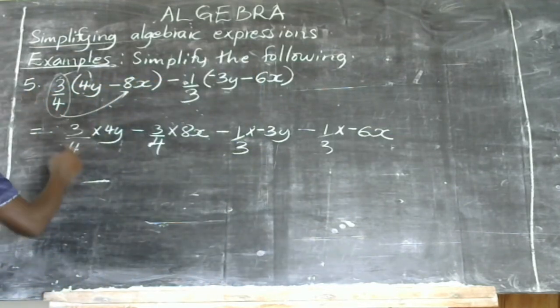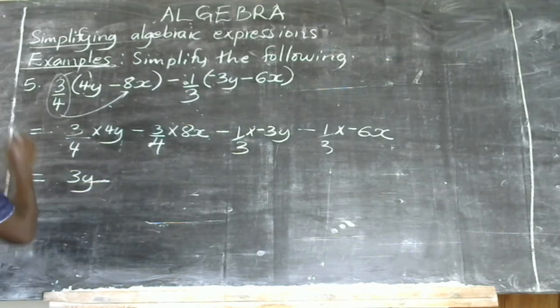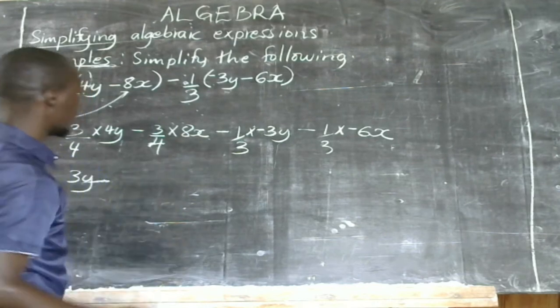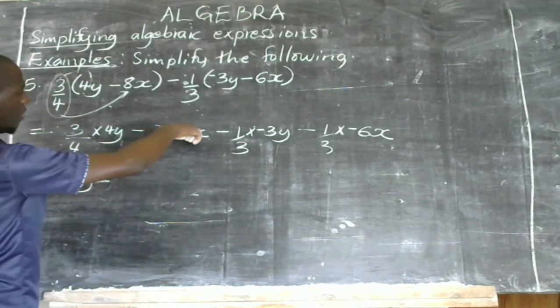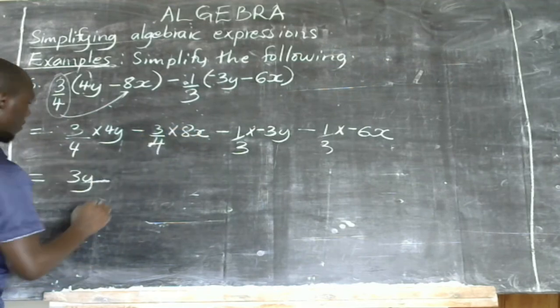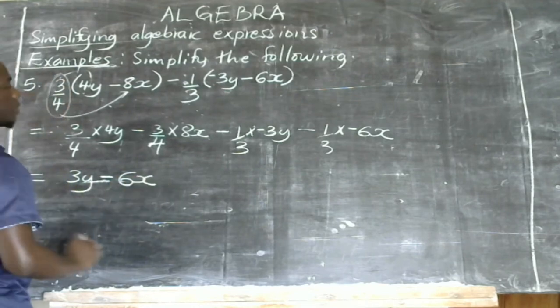When you compute this one here, the 4 cancels out, so 1 times 3 times y becomes the 3y, then 3 all over 4 times the 8x, the 4 is going to reduce 8 2 times, then 2 times the 3 there, we shall be getting negative 6x.